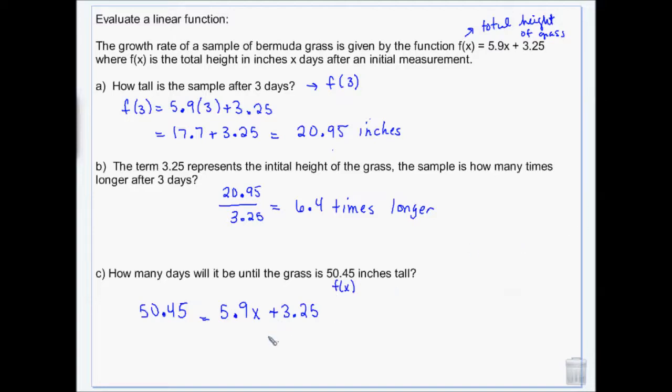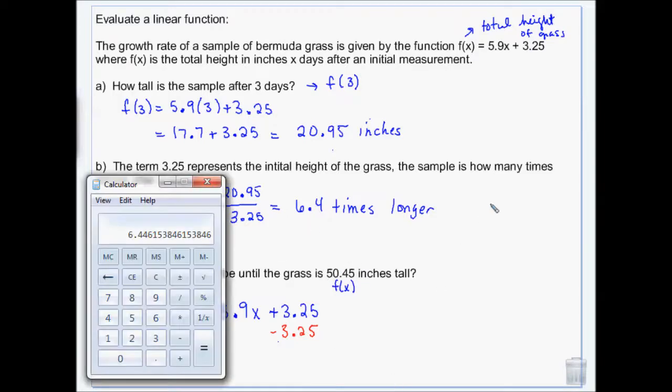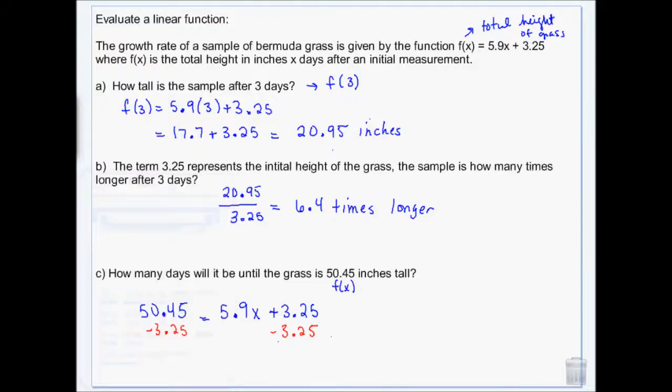I will subtract 3.25 from both sides. 47.2 is equal to 5.9x.